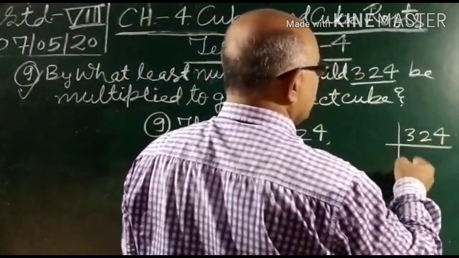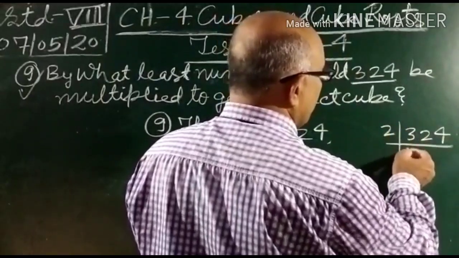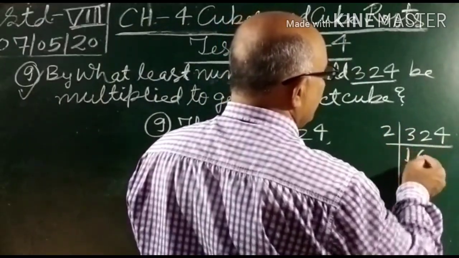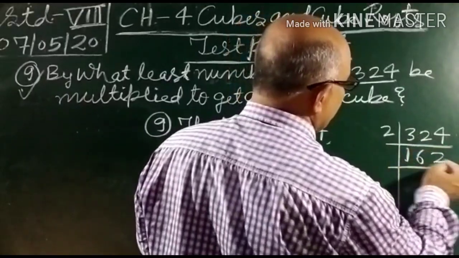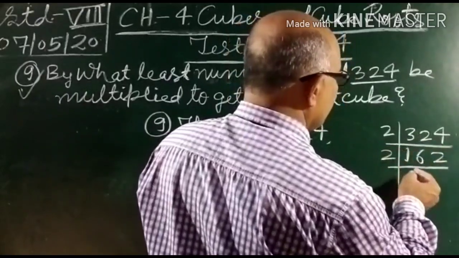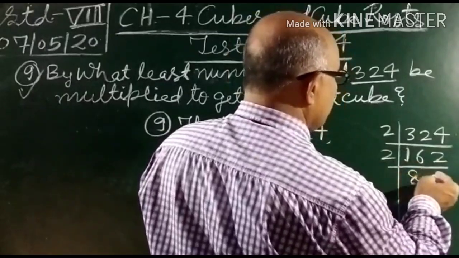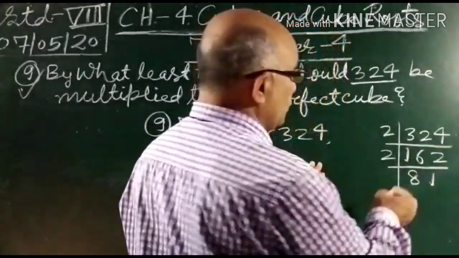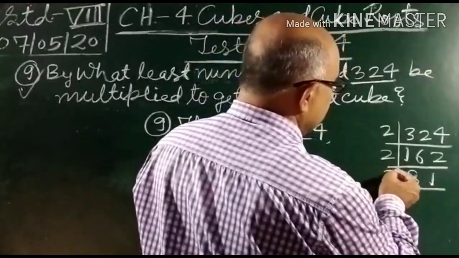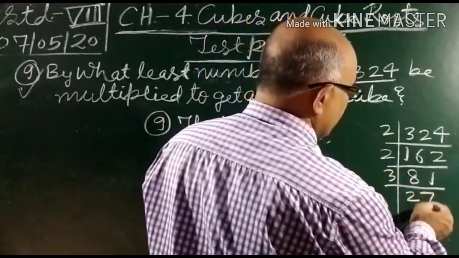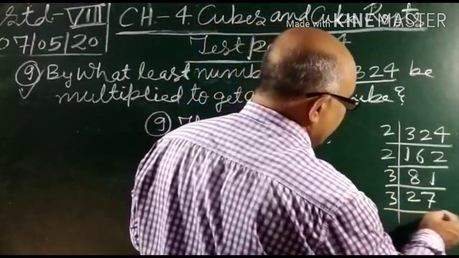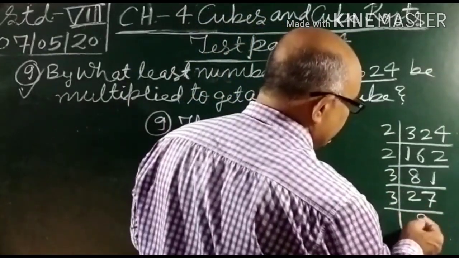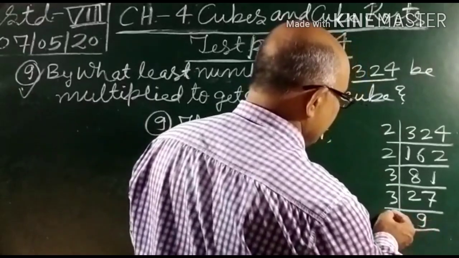324: 2 times 2 is... 2 6s are 12, 2 2s are 4. Again 2 times, 2 8s are 16. Now 3 times 27, again 3 times 9 is 27.